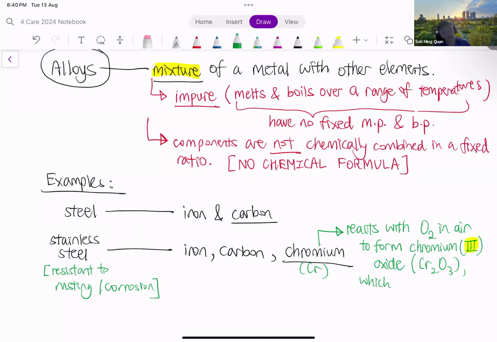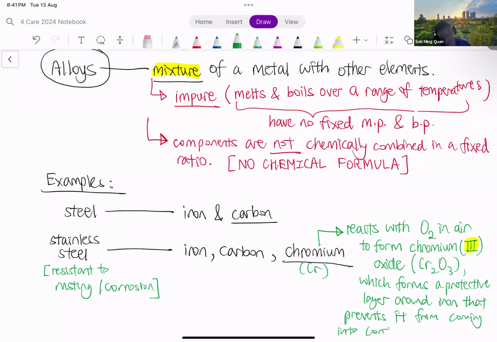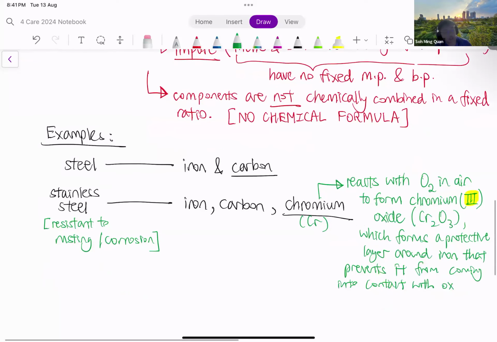Now, what's so magical about this? It's magical because it forms a protective layer around the iron that prevents it from coming into contact with oxygen or water.